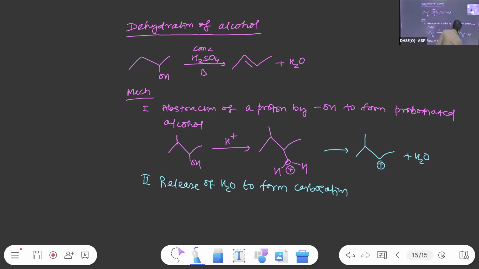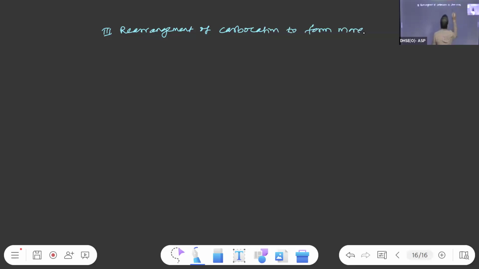So what will be step 3? Rearrangement of carbocation to form a more stable carbocation.